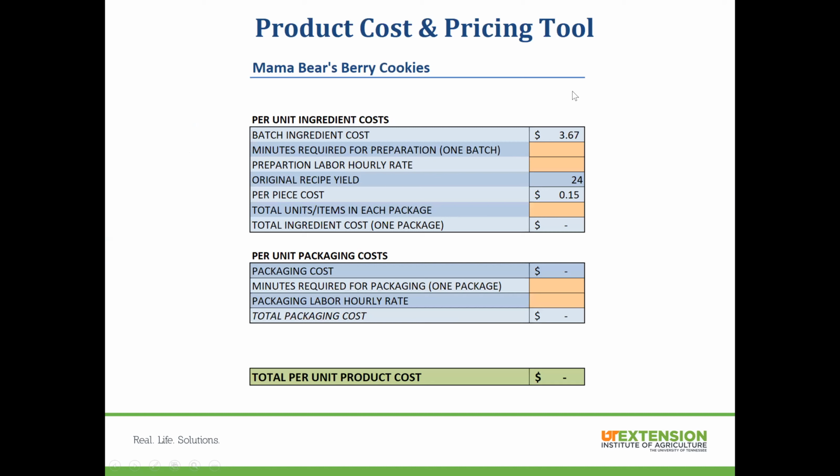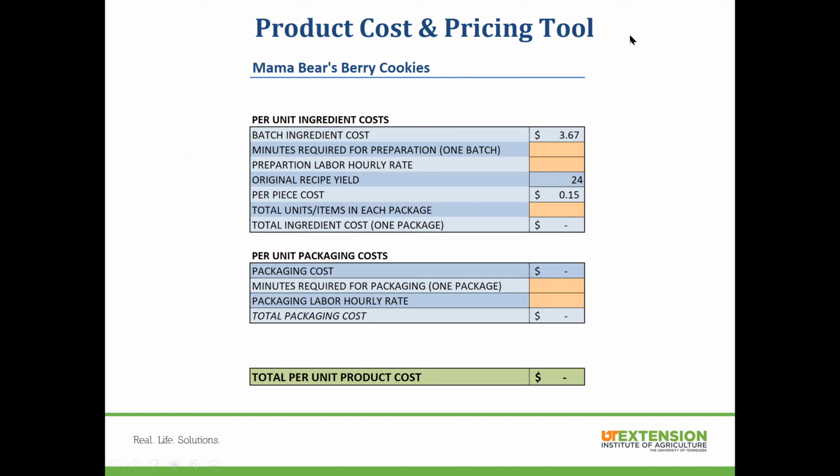Okay, so we've got our ingredient costs there, and if you're using this spreadsheet, you would actually type in the name of the recipe again on this page. It's designed to where you can print out each one of these pages and put them in a notebook if you want to.